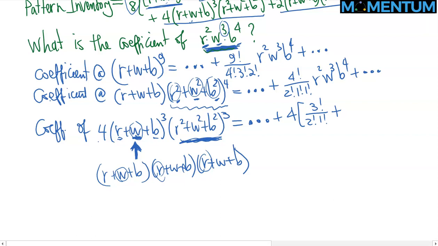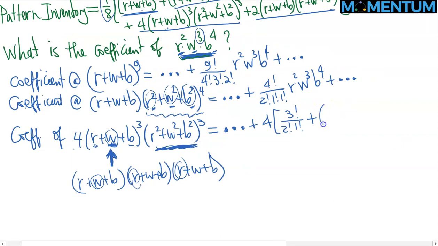So if you want, we can do a subcase here. How many different ways can we have r squared w? 3 ways, basically. So this is 3 ways to have r squared w.